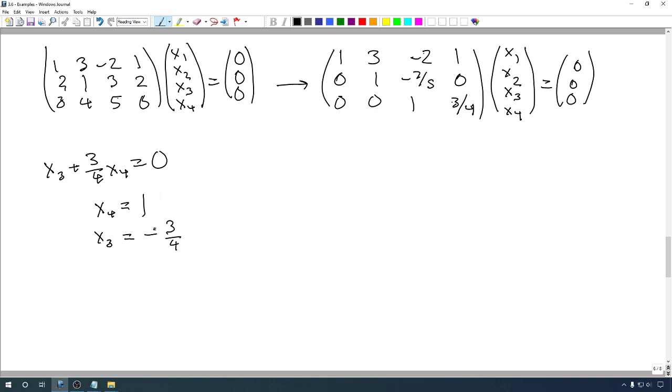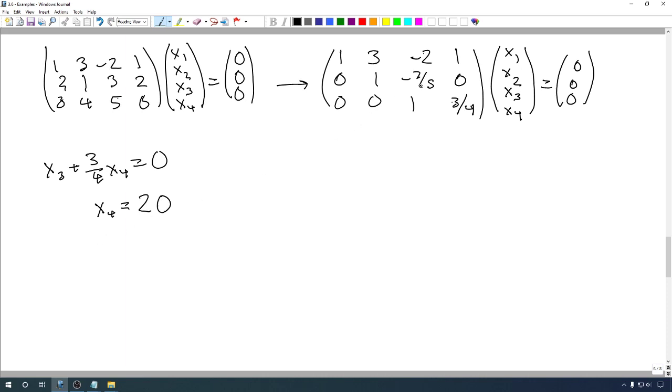So actually, instead of picking 1 for x4, let's go ahead and pick something that will not give us any fractions. Since I already know what's going to happen here, instead of just picking 4, I'm going to go ahead and pick x4 is equal to 20.